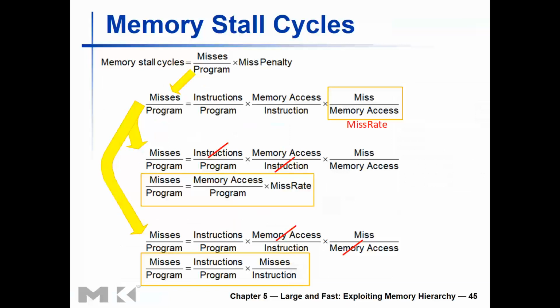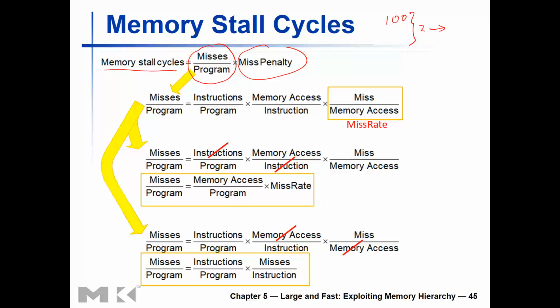Basically, the memory stall cycles are what? The memory stall cycles are the number of misses in the program times the miss penalty. So suppose, for example, I am running a program of 100 instructions. Two of those caused misses.